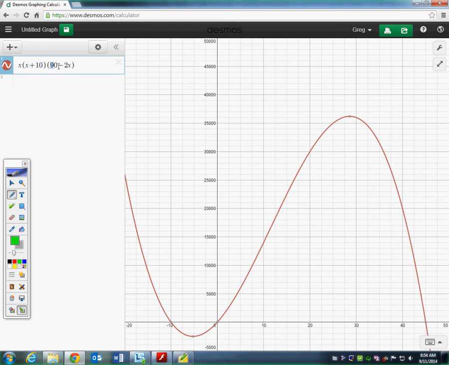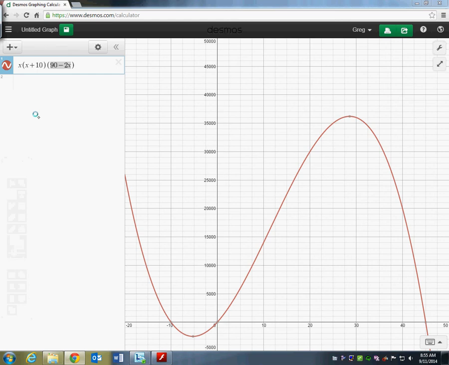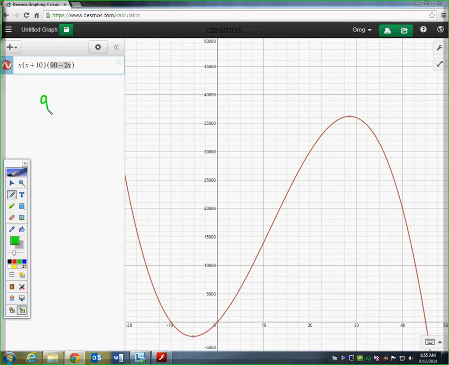Makes sense. Now, this 90 minus 2x, here, if I can write on here, the 90 minus 2x is kind of our important one. There we go. So the 90 minus 2x has to be positive.